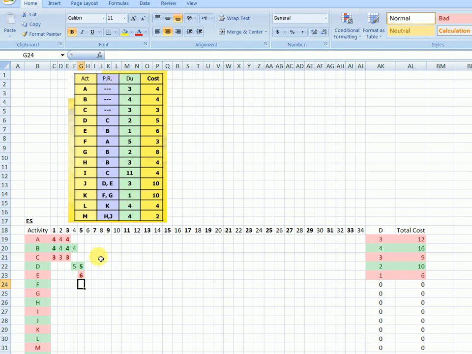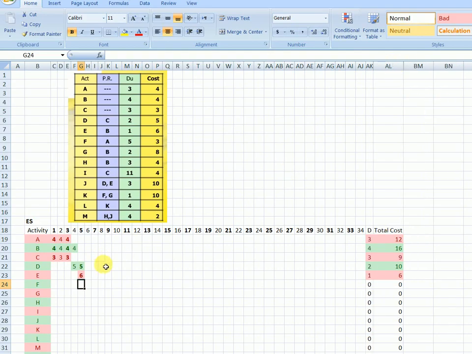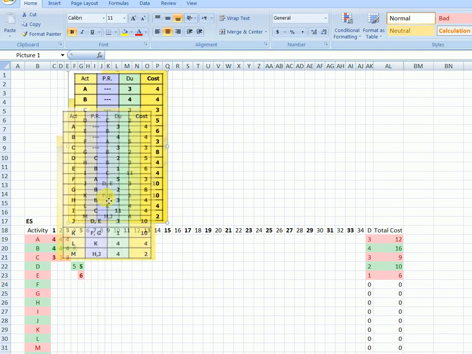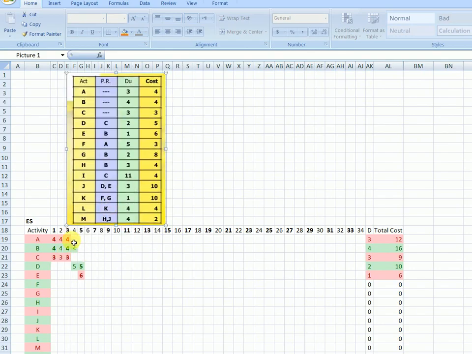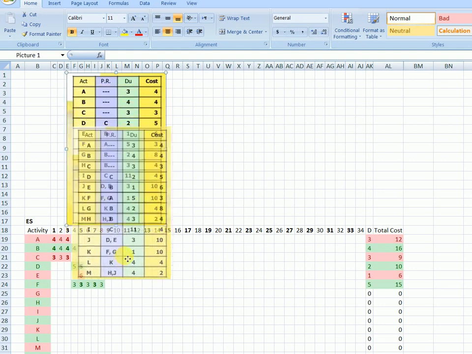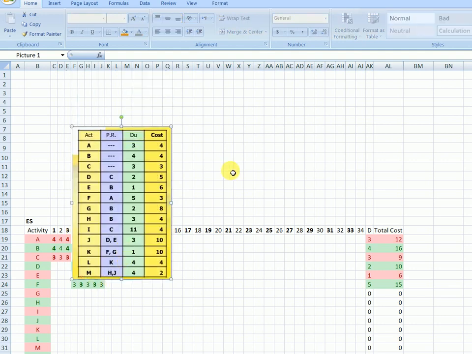This is the way you check it. Let's keep moving forward. F depends on A. Beautiful. I must be seeing 3 here. And F is a finish-start relationship.